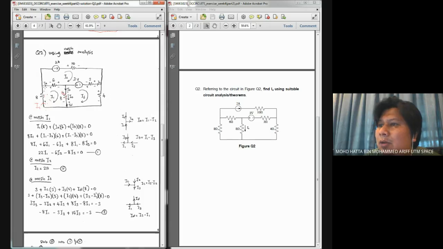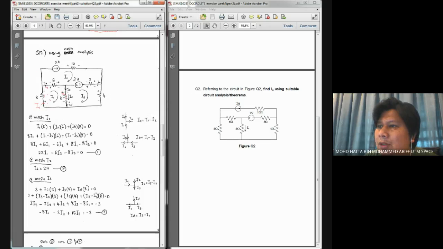Furthermore, for this resistor, I just assign a notation IA. You can assign any notation, you can denote it as IX or whatever you like. If I know IA and multiply by the value of the resistor, I get the voltage drop. So the voltage drop across here is IA times 6.